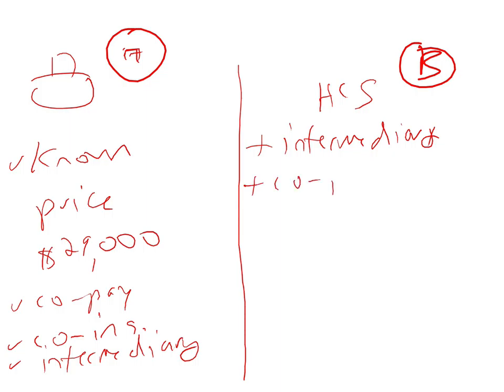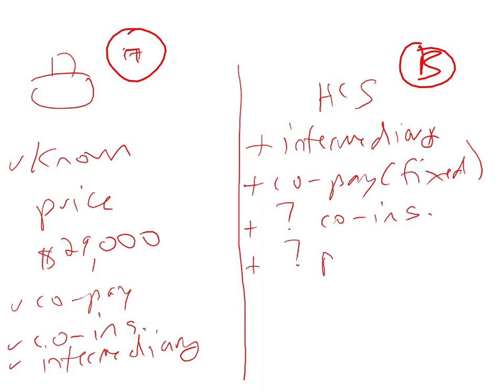You knew what the copay was because that's fixed. You did not know what the coinsurance was initially because you did not know what the price for the service was going to be. SVC is for service. Once you found out what the price for the service was, then you knew not just the price, but also what the coinsurance was.